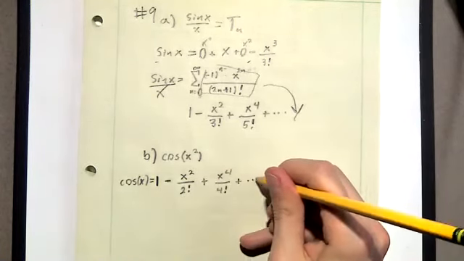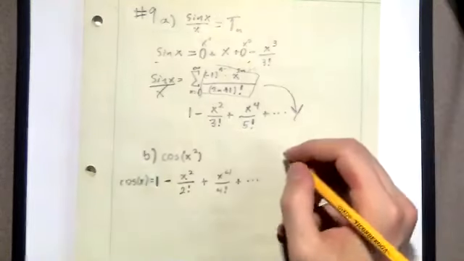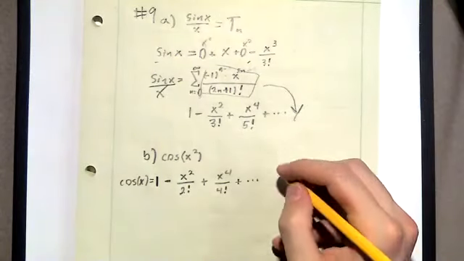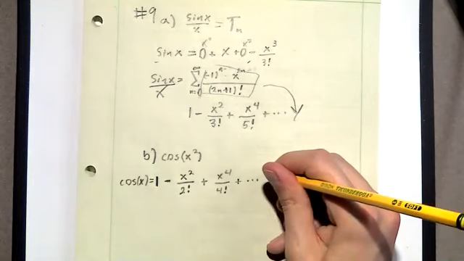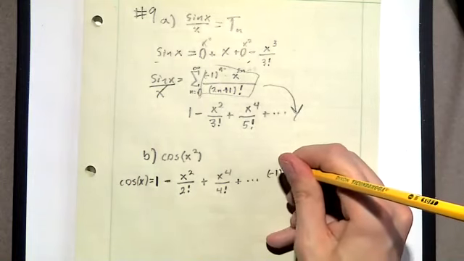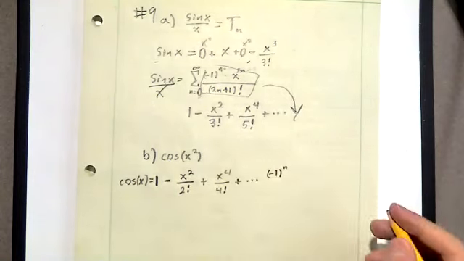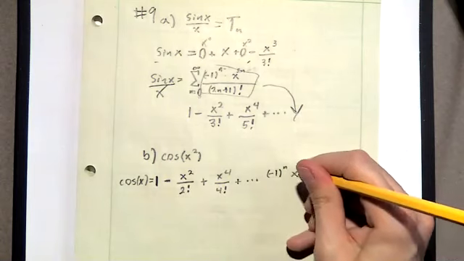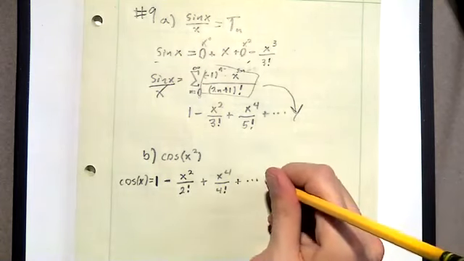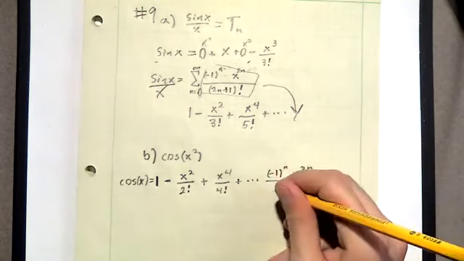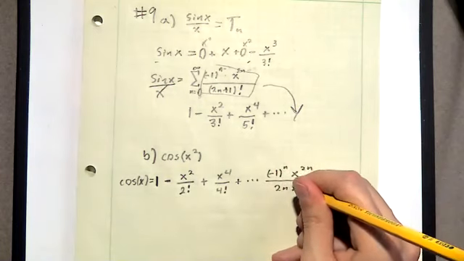So plus dot, dot, dot. I guess I can just write the end term here. So it'd be -1 to the n, so that would be n equals 0 here. x to the 2n over 2n factorial.